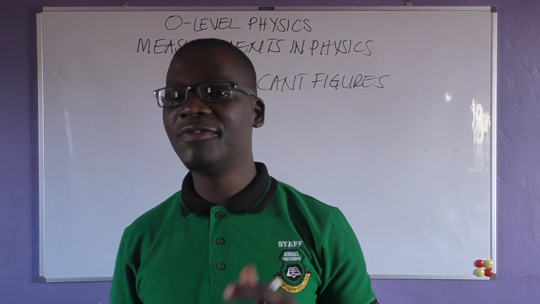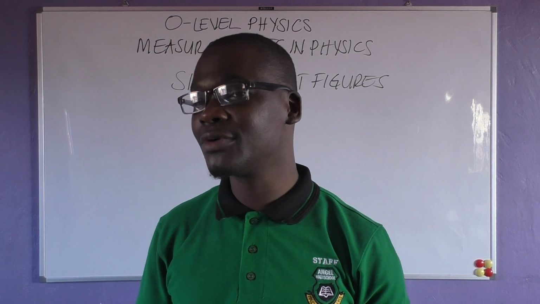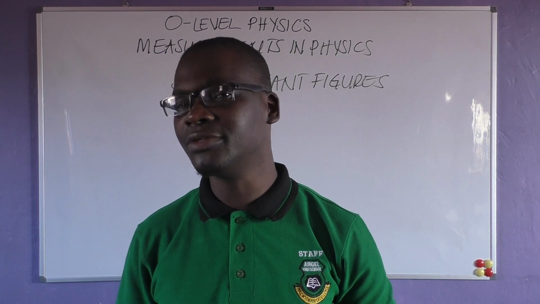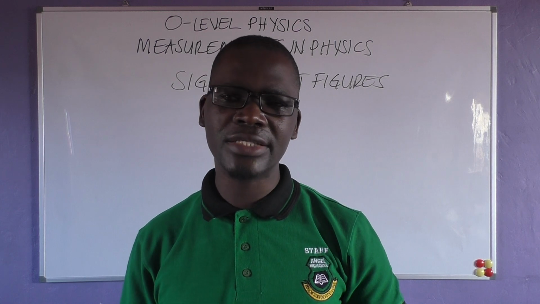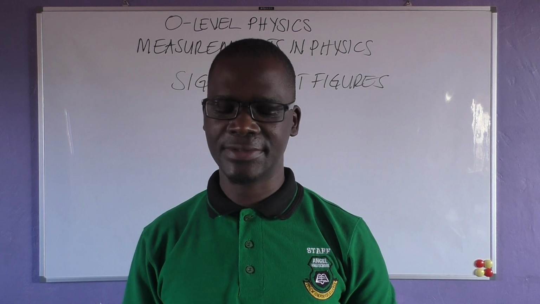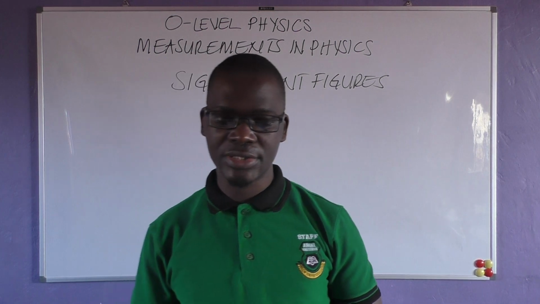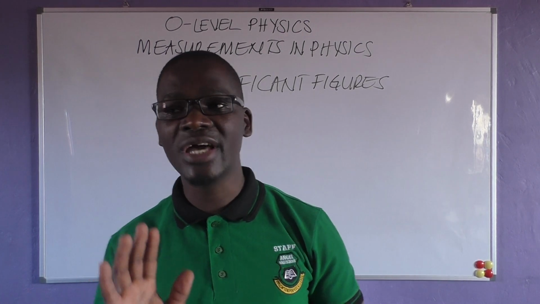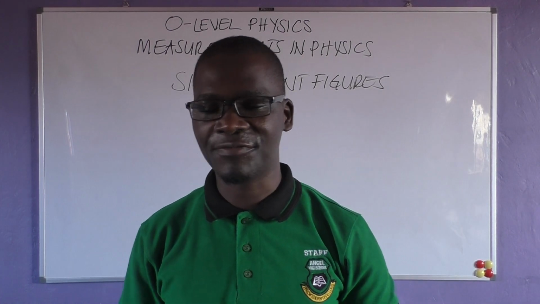However, before we look at how we round off or how we write in scientific notation, let us first look at how we determine the significant figures. There are rules, majorly 4 rules, that we use to determine significant figures.